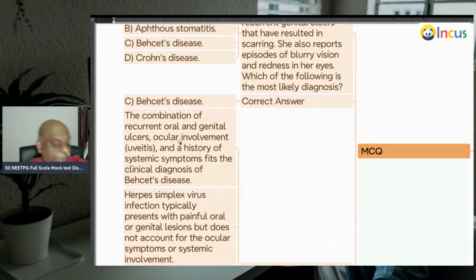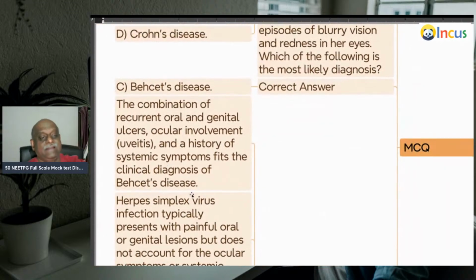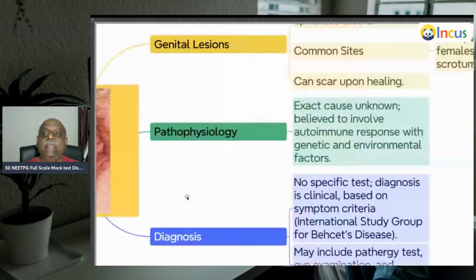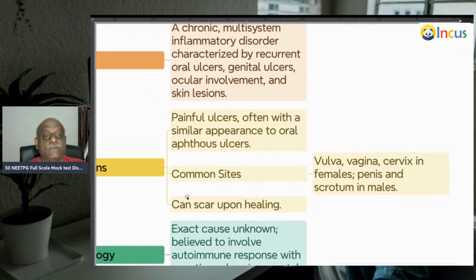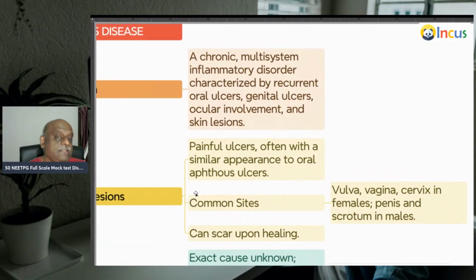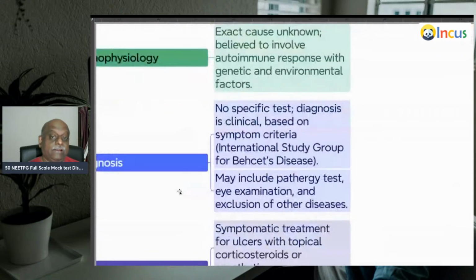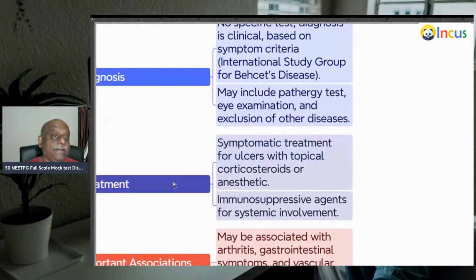So the combination of recurrent oral and genital ulcers with ocular involvement and a history of systemic symptoms means it is Behçet's disease. Vulva, vagina, cervix in females, penis and scrotum in males, painful ulcers often with a similar appearance in the mouth. So that is called Behçet's.